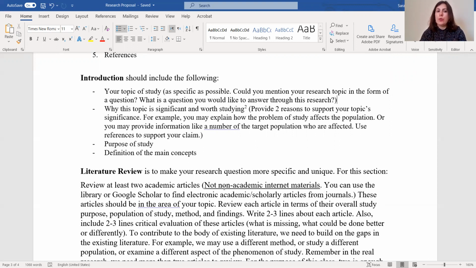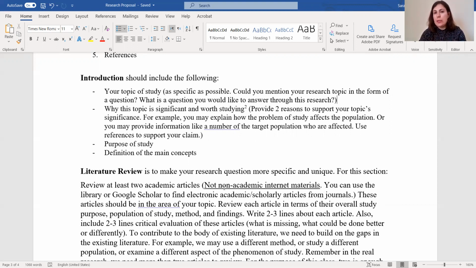This is one very important part of introduction. The second part of the introduction is you need to explain why this topic is significant and worth studying. For example, let's talk about poverty among recent immigrants in the US. I'm using this as an example.